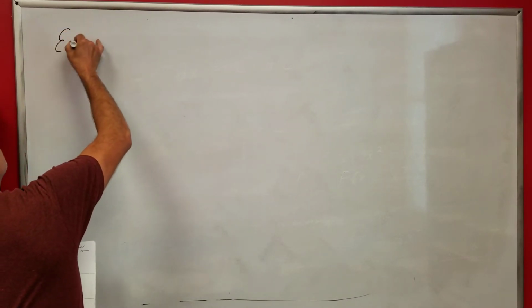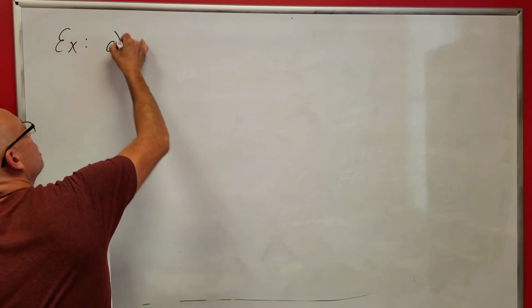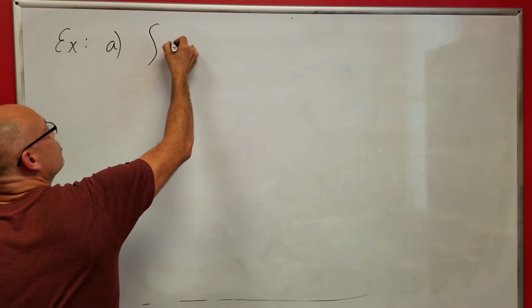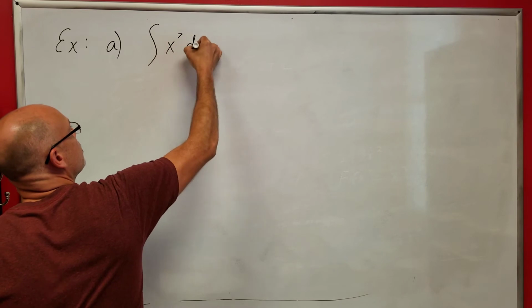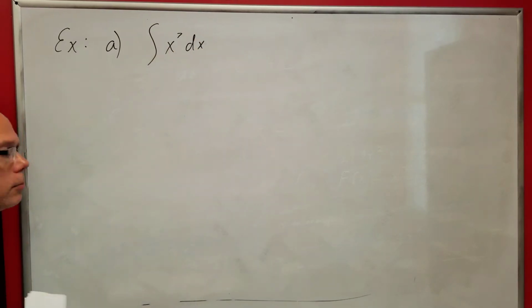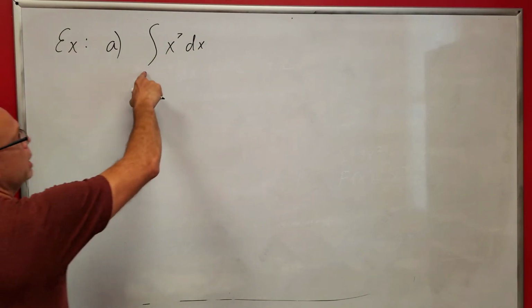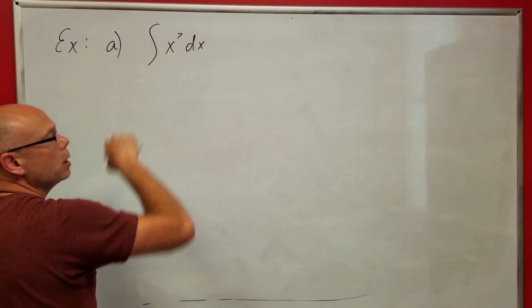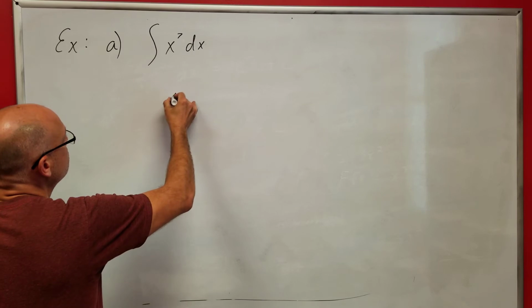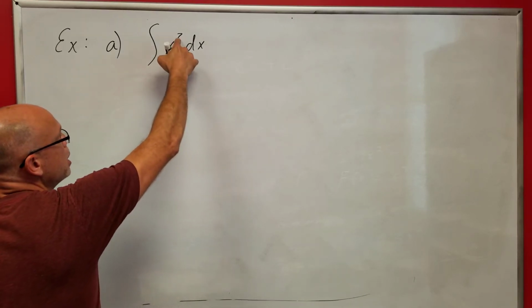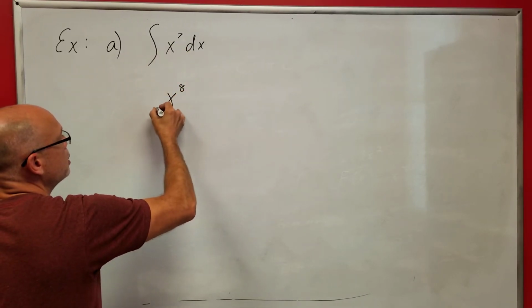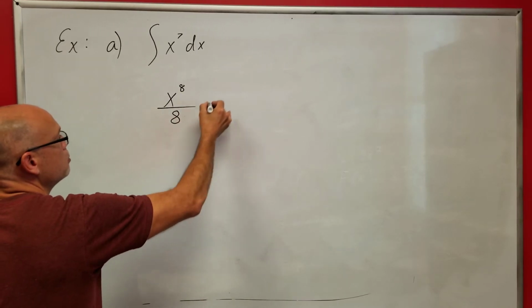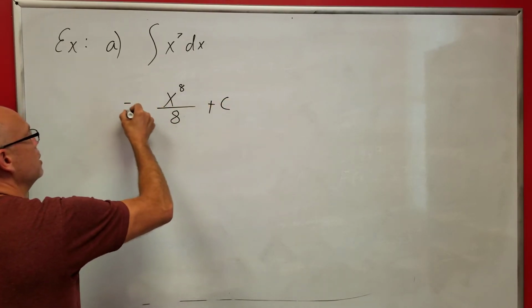So for example, let's suppose I want to integrate x to the 7th with respect to x, okay? I'm integrating a power of x other than -1. So what do I do with that power? Add 1 to it, 7 plus 1 is 8, and divide by that new exponent, and put my plus C.